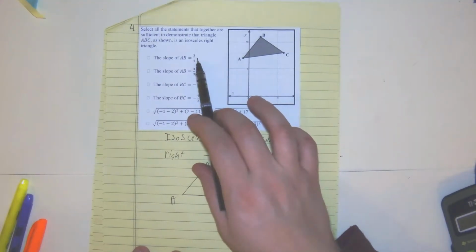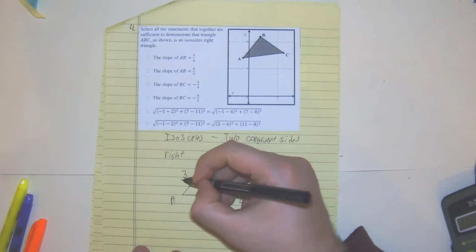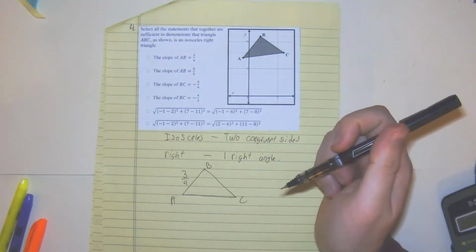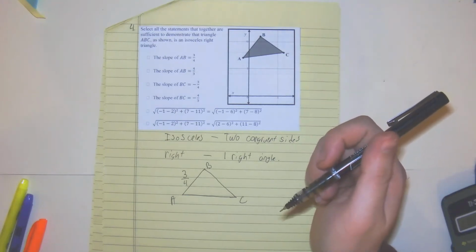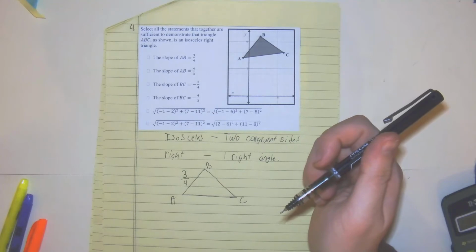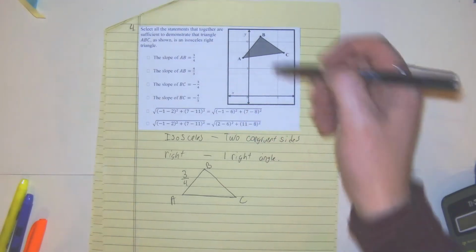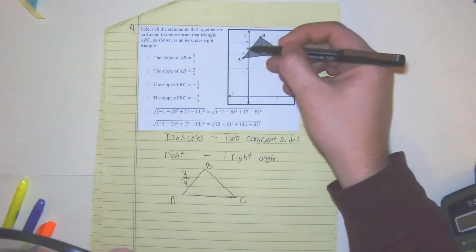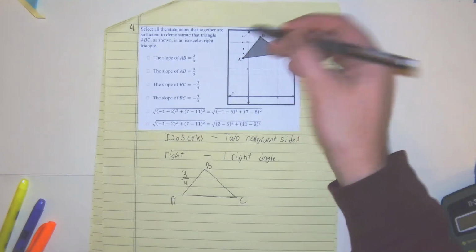So the first thing says the slope of AB is 3 over 4. Well, we got to be able to demonstrate that this is 3 over 4. So what I would do is put my finger on top of A and count all the way up. 0, 1, 2, 3, 4.